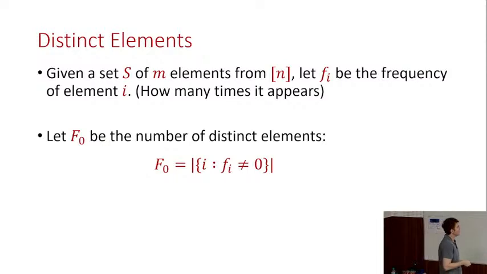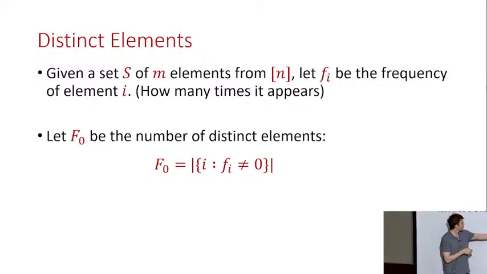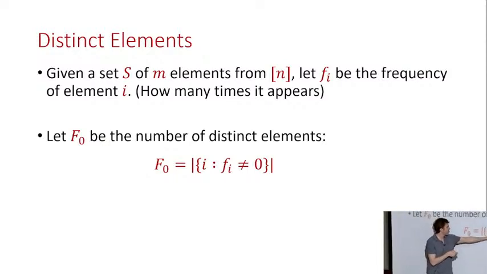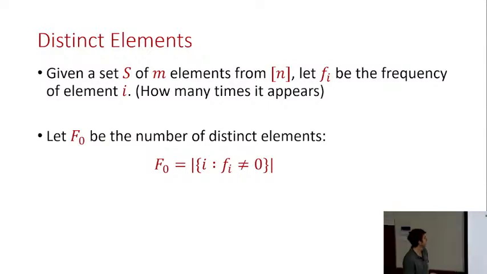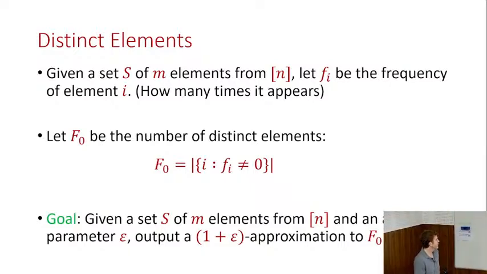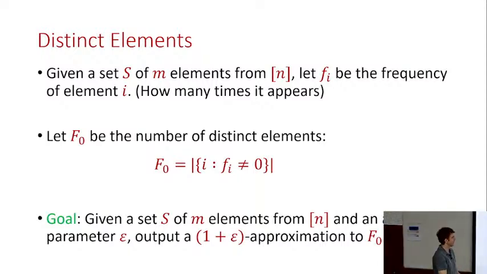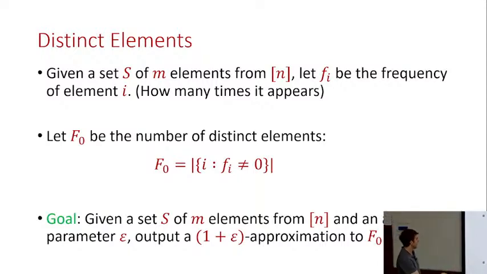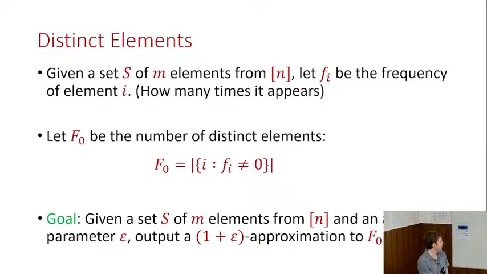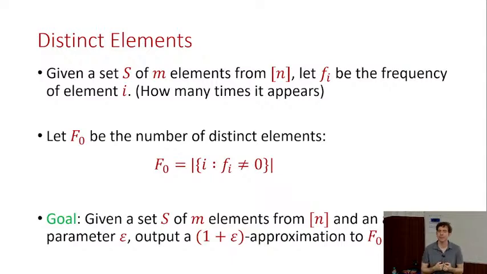That is, it's the number of items i in the universe for which the frequency f_i is not equal to 0. Okay, and our goal is, given a set S of m elements, so a stream being given to us sequentially one element at a time, from a universe of size n, and then an accuracy parameter epsilon, to output a 1 plus epsilon approximation to F_0.